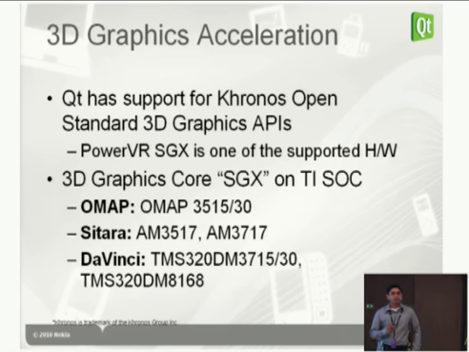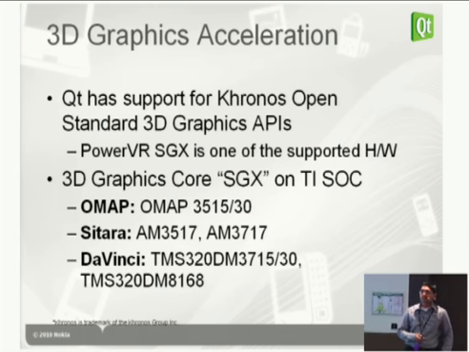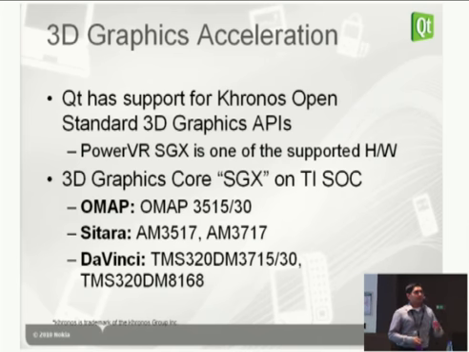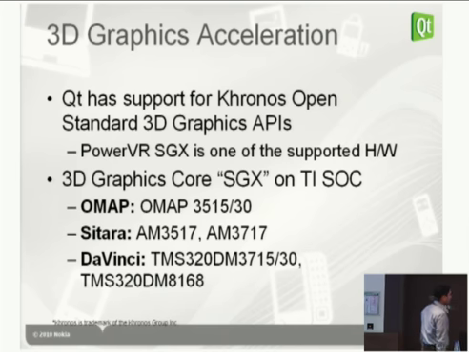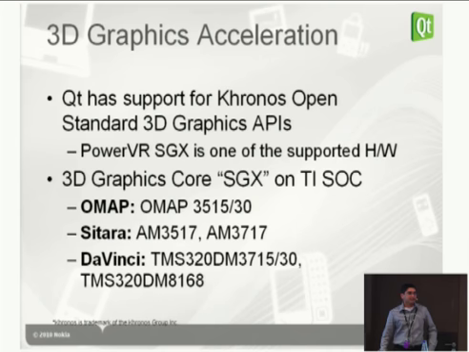Qt has support for the Khronos open standard 3D graphics APIs like OpenGL, and PowerVR SGX is one of the supported backends. The 3D graphics core, the SGX, is present on the TI chips in all the product lines. So in the OMAP we have 3515, in Sitara we have 3517, and in DaVinci we have 3715 and 8168 having SGX clocked at different speeds.